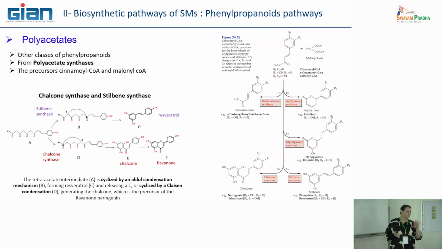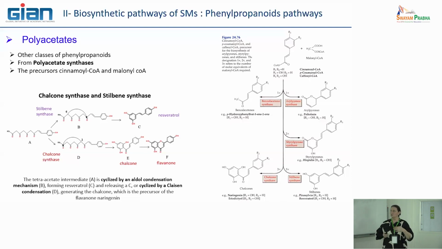And what was not said yesterday, but I can add some, is that resveratrol is a very interesting product. It was found that a polymer of resveratrol, because resveratrol is able to be polymerized two, three or four times, can become a very complex molecule.